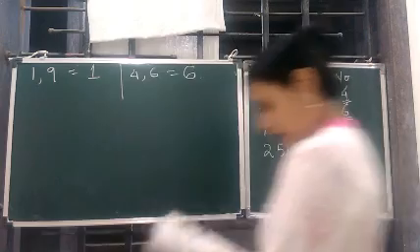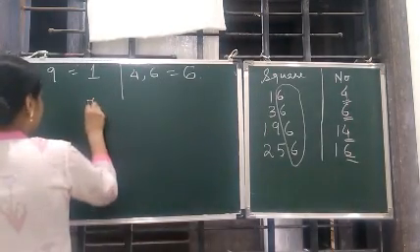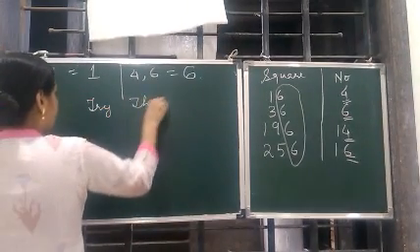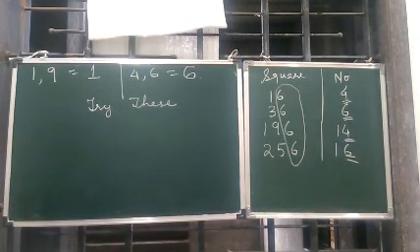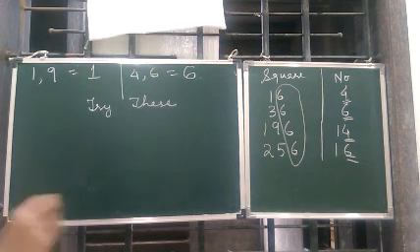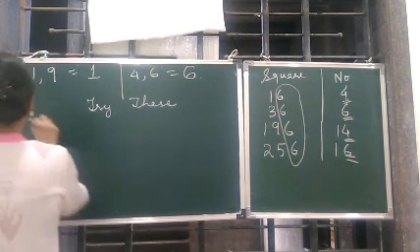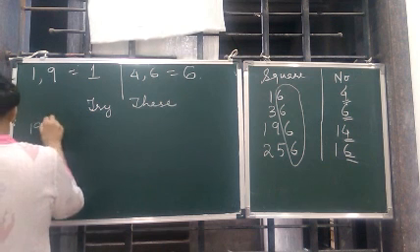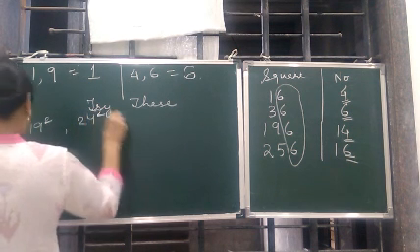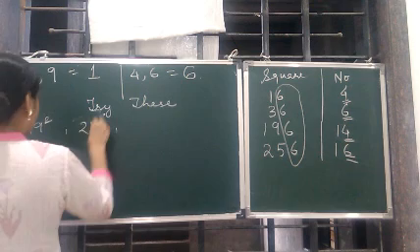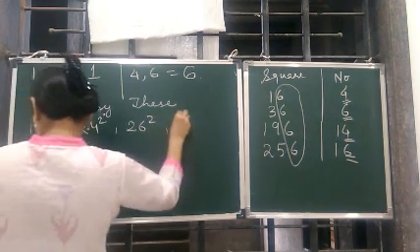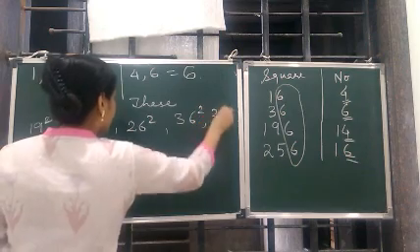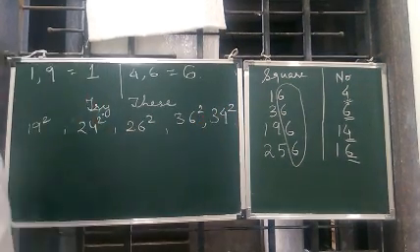So there's another Try These based on this only. Which of the following numbers would have digit 6 at unit place? The square of 19, the square of 24, the square of 26, the square of 36 and the square of 34.